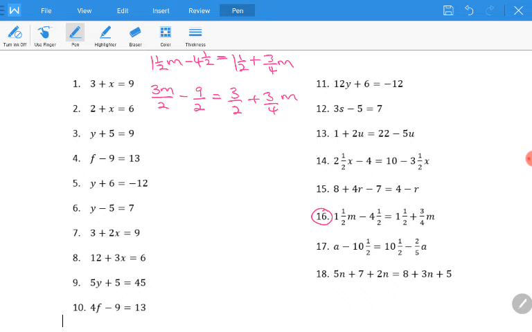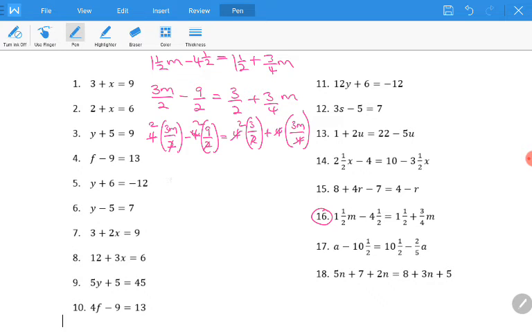So if I multiply through by 4, my expression will become 4 bracket 3m over 2 minus 4 9 over 2 is equals to 4 3 over 2 plus 4 times 3m over 4. So 2 into 4, that's 2. 2 into 4, that's 2. 2 into 4, that's 2. 4 into 4, that's 1.